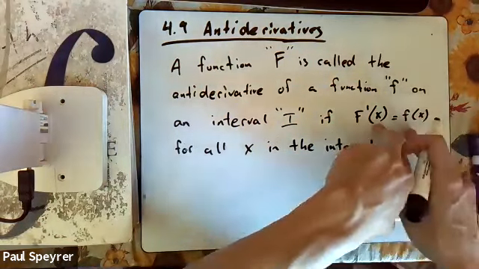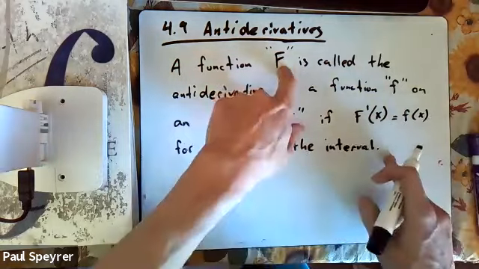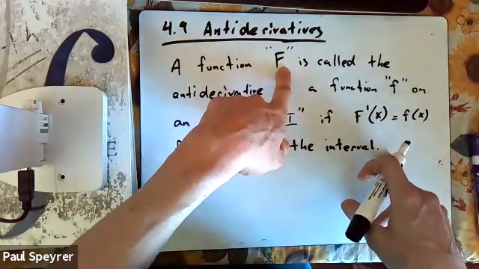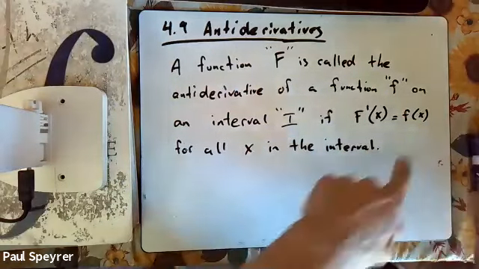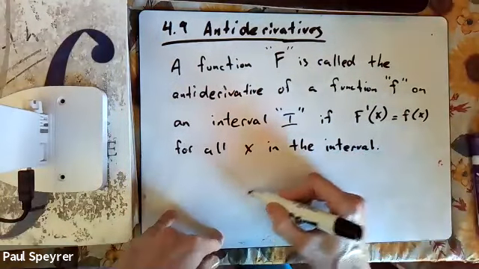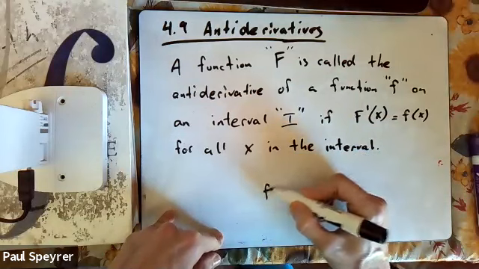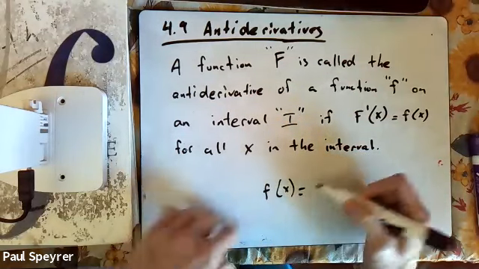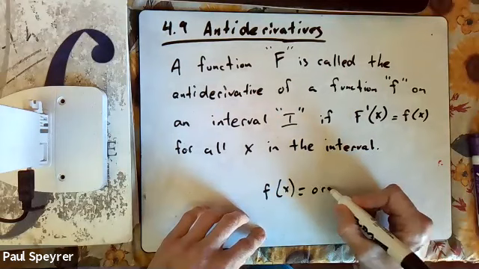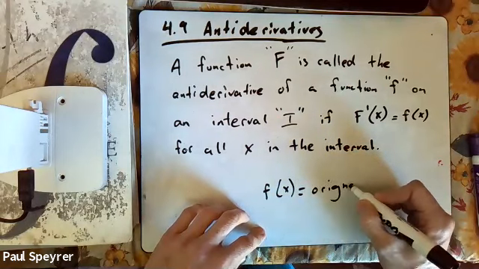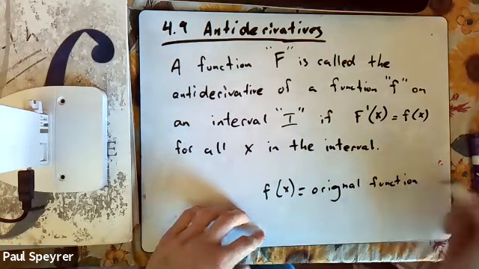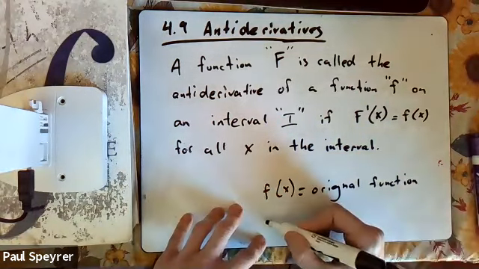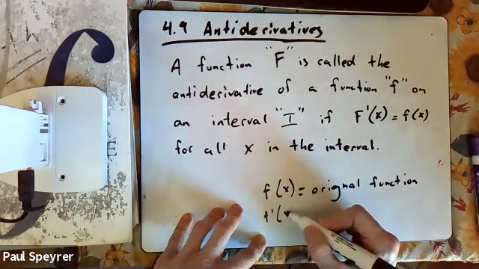So what does this weird notation mean? Well, whenever we have the uppercase letter, that denotes the antiderivative of the base function. So up until this point, we've been looking at f of x, right? Like if I have f of x, that's the original function. And with the derivative notation, we would say, oh, let's find f prime of x, right?